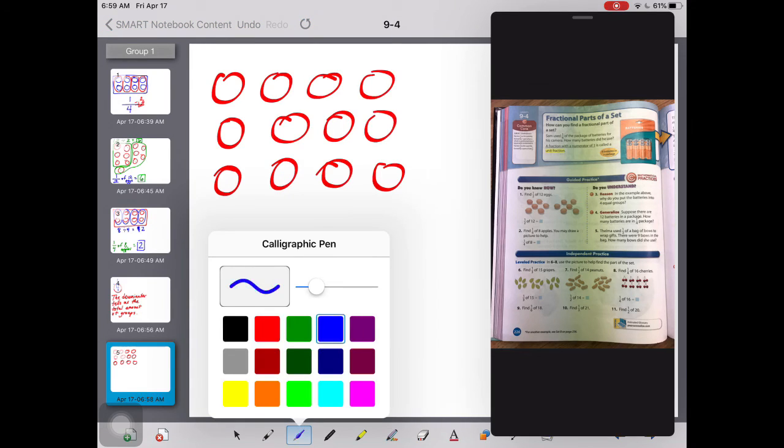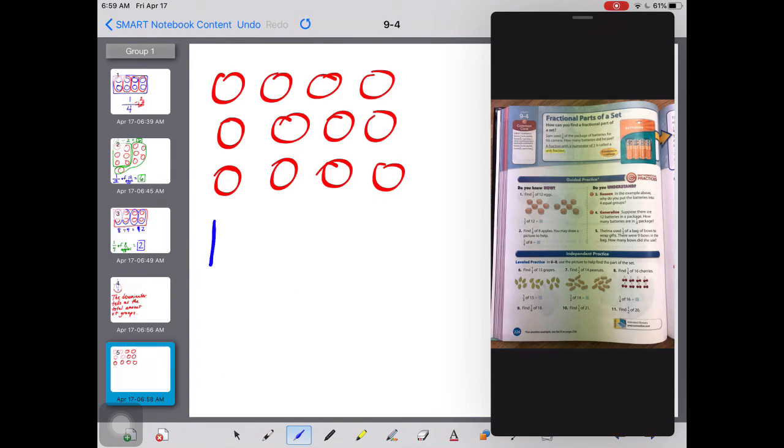So we have 12, and we want to find 1/4 of 12. What does that equal?